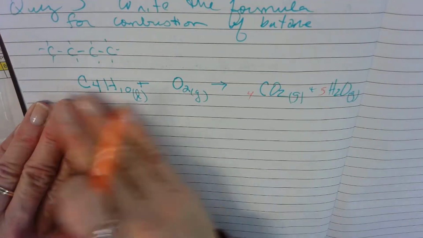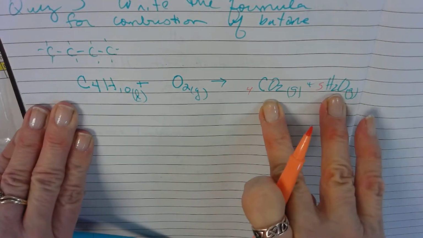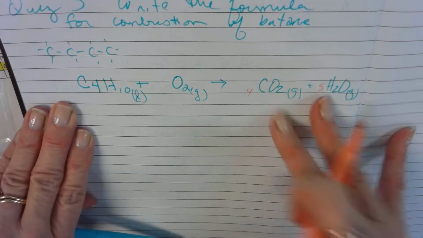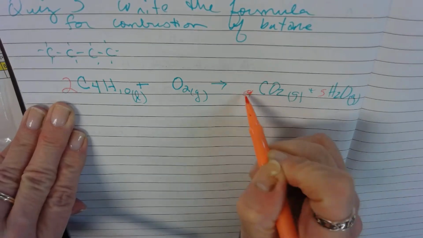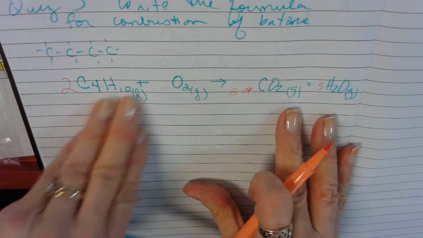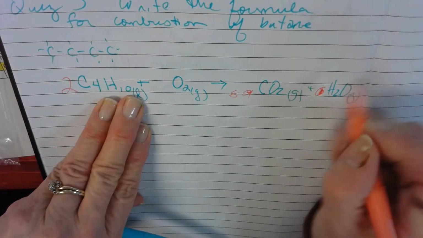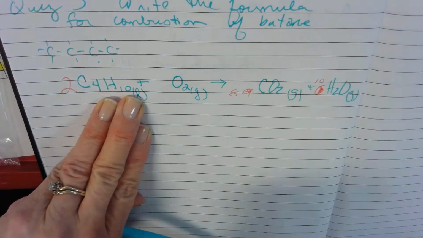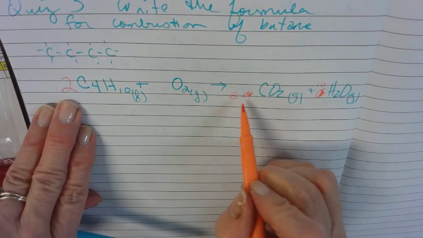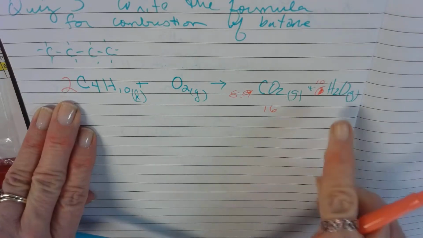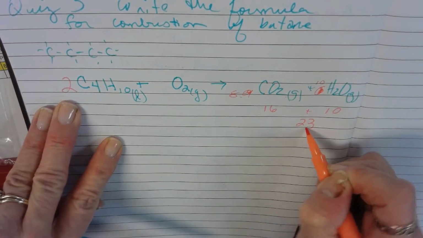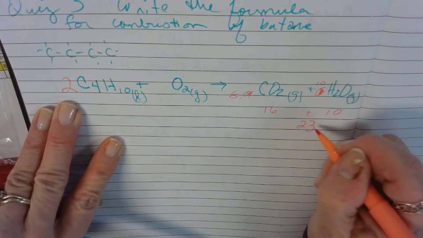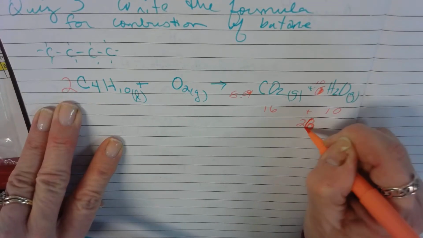Okay. So immediately, once I notice that this is not going to jive because I got an odd number, I'm going to put a 2 in front of there. And when I do that, now I've got 8 carbons, and I've got to put a 10 in front of here. All right, so I've got 8 times 2 is 16 oxygens plus 10 oxygens gives me a total of 26, good.